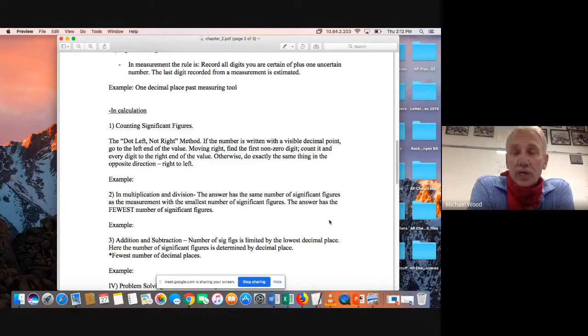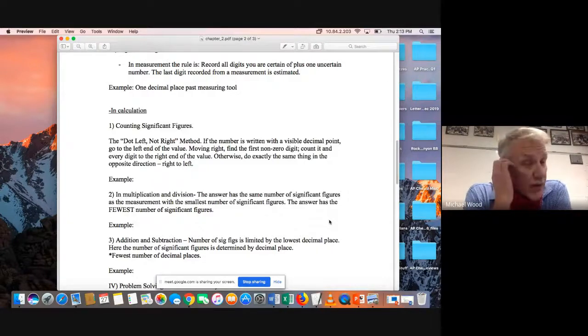So if you multiply or divide a number that has 4 sig figs and another number that has 2 sig figs, your answer has to be to 2 sig figs. You can't add sig figs. And that's what we're going to do 95 to 97% of the time: multiply and divide. So we round to the fewest sig figs.